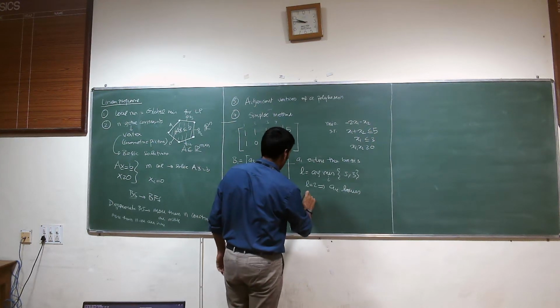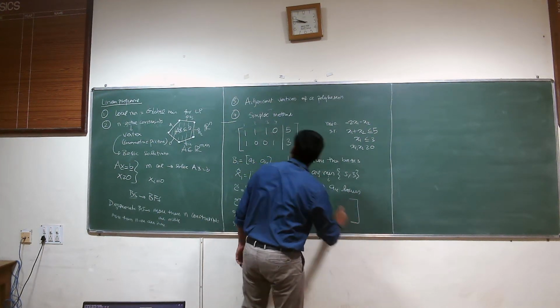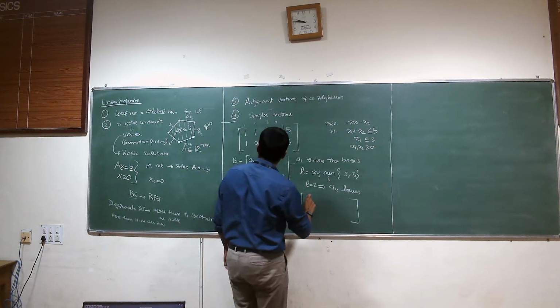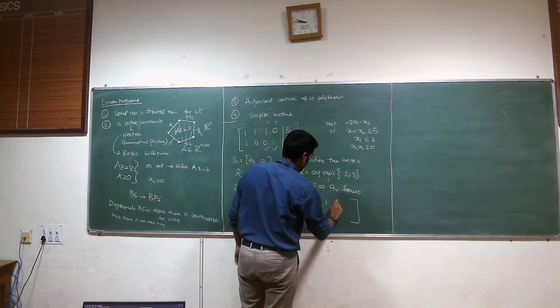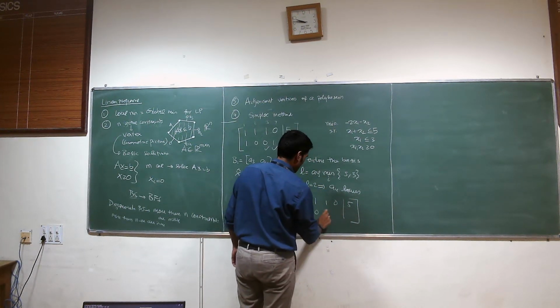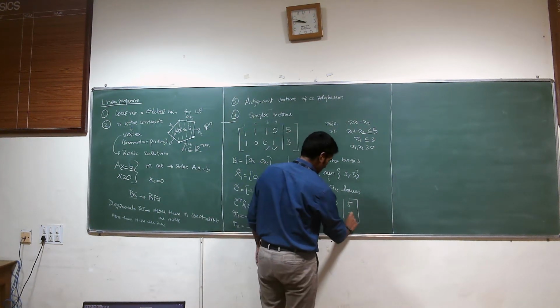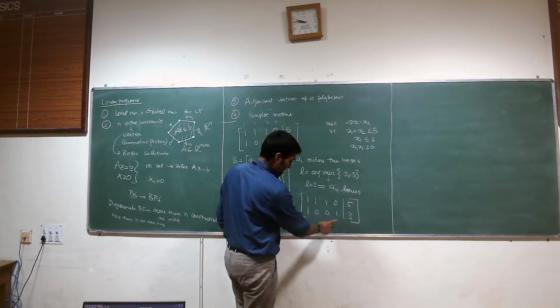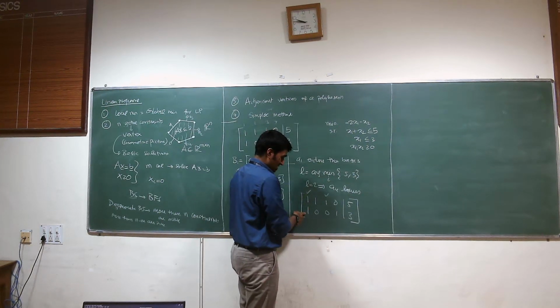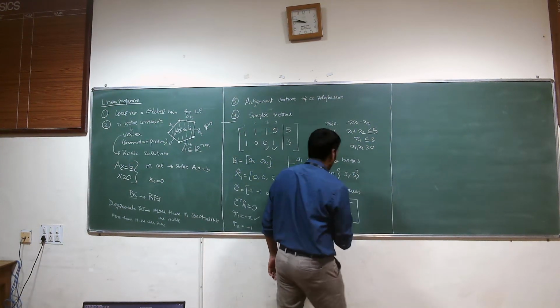That means now, so these two were our original basis vectors. Now we come back to the same matrix. See, this enters and this leaves. And we need to make this the second. How do we do that?